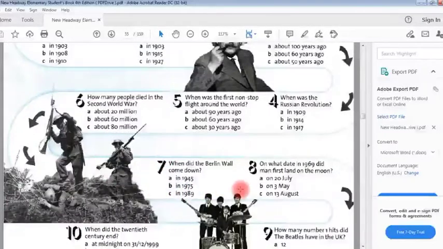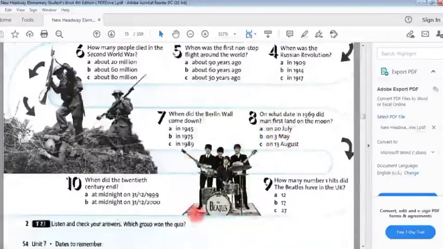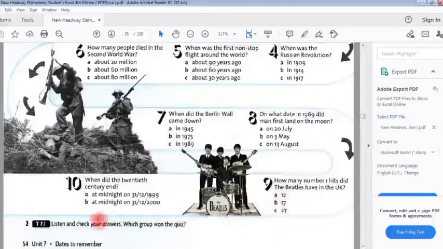Man first landed on the moon on July the 20th, 1969. 9. The Beatles had 17 number one hits in the UK. 10. The 20th century ended at midnight on the 31st of December 2000.